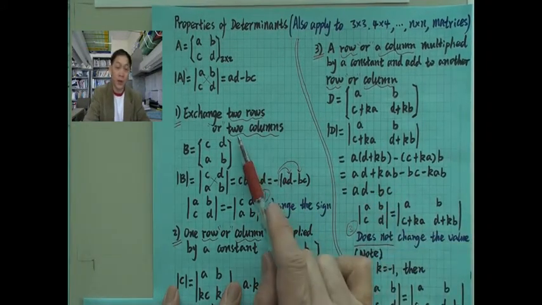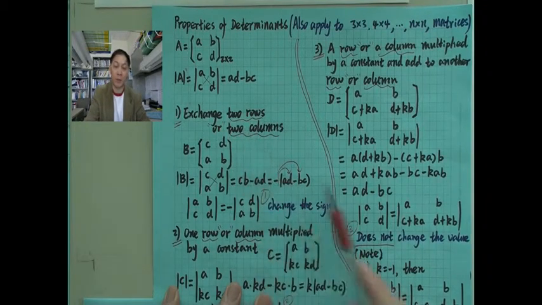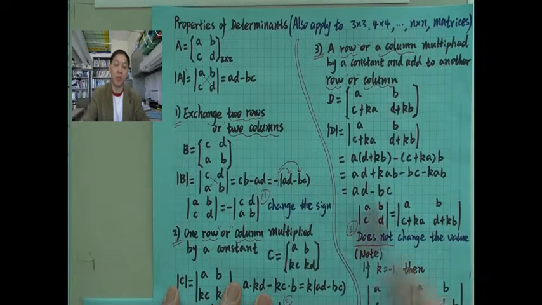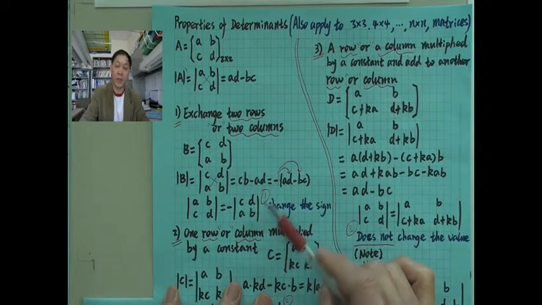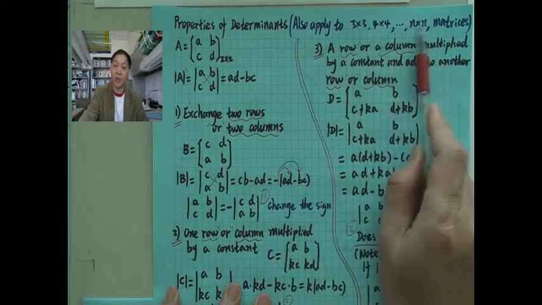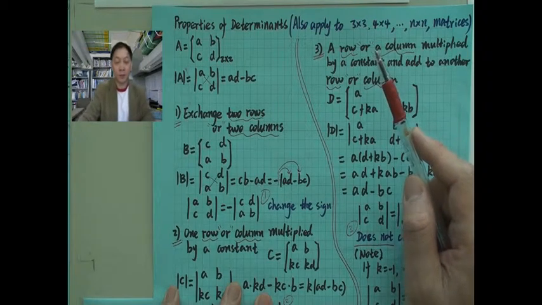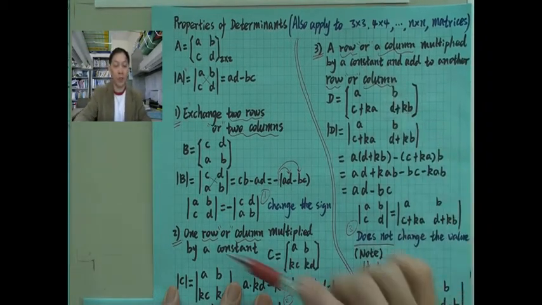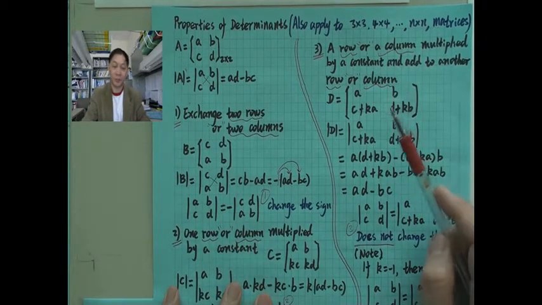If you do it yourself, exchange two columns, you'll end up with the same answer. The sign will be changed. And this property again applies to 3 by 3, 4 by 4, n by n matrices. Remember again, exchange two rows or two columns, the sign will be changed.